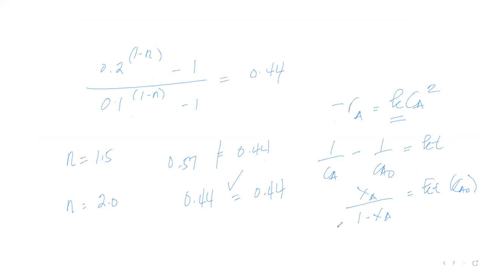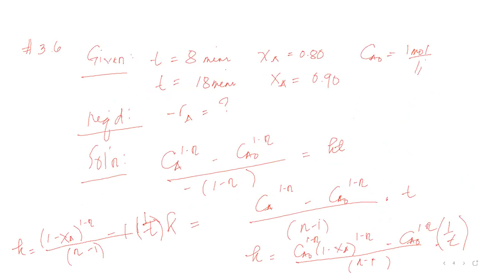In the first set of data, you're given a conversion of 0.8 for a time of, what's the time there? A conversion of 0.8 for the time of 8 minutes.